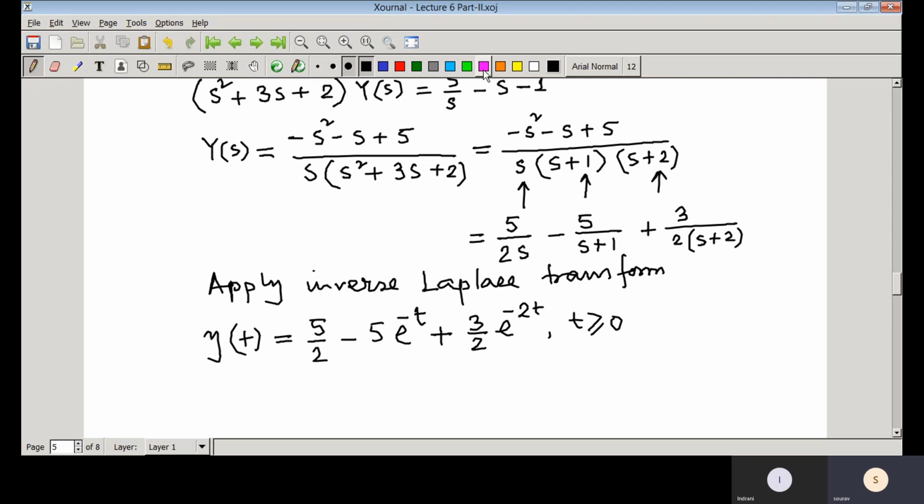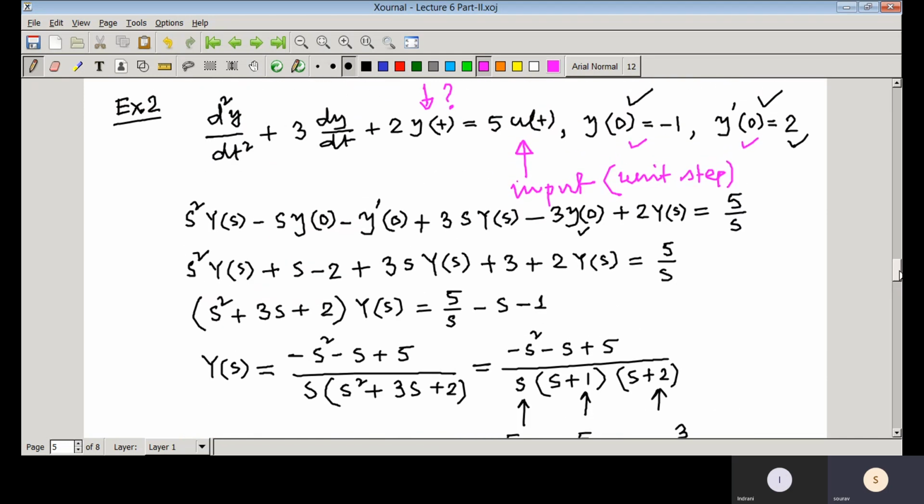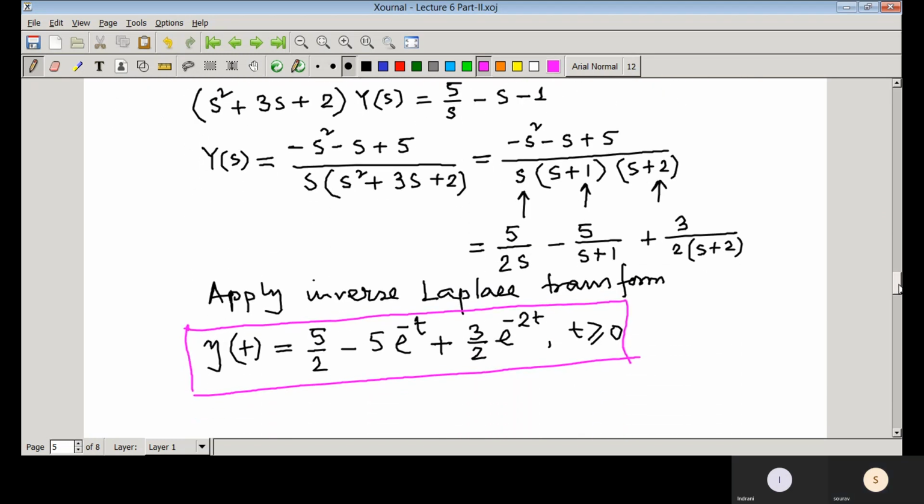So finally we got that expression. Whenever you have a second order differential equation with some initial conditions, and you are asked to find the output for a particular input, you can easily find that output applying Laplace and inverse Laplace transforms.